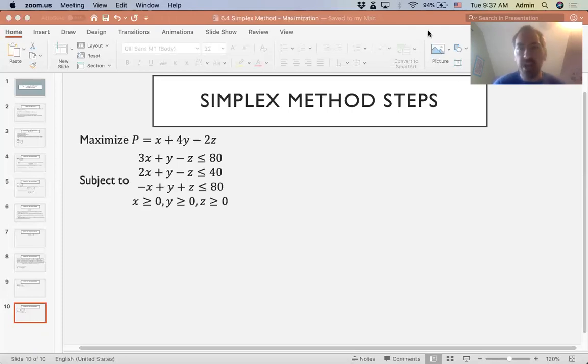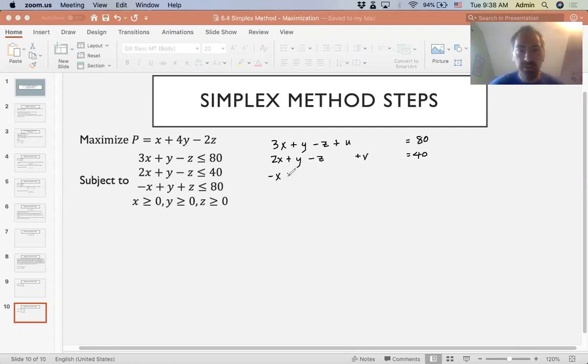So our first step is to add our slack variables. 3x plus y minus z plus u is equal to 80. 2x plus y minus z plus v is equal to 40.